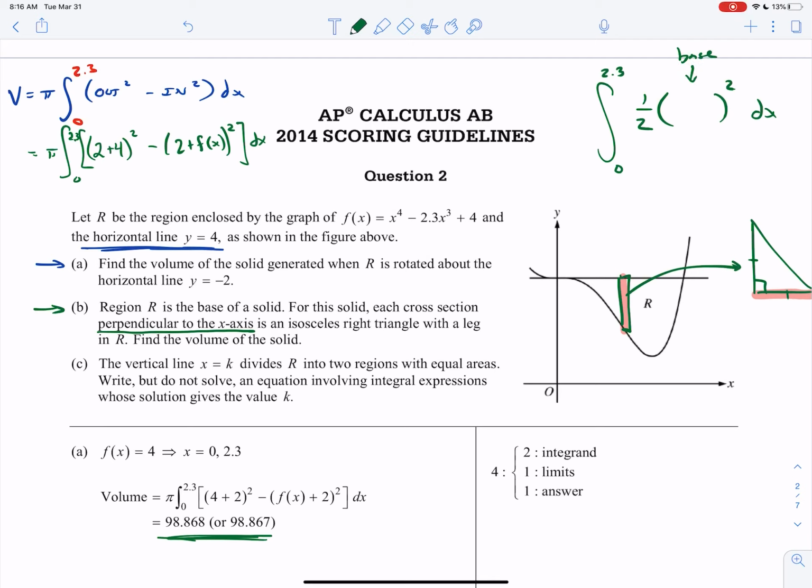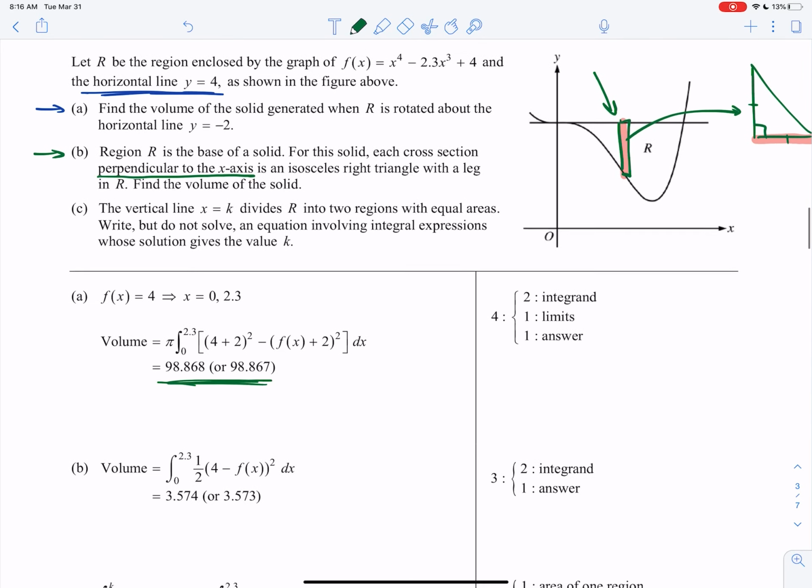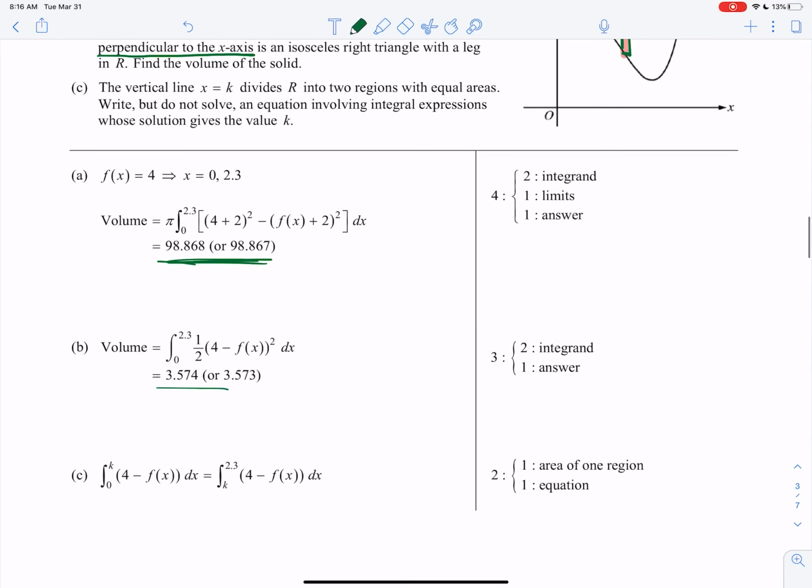Now base is pretty much the length of this right here. How do you get the length of that? You pretty much just do top minus bottom. In this case, it's going to be 4 minus the function. And that's it. You plug and chug, you should get your answer. You should get 3.574.